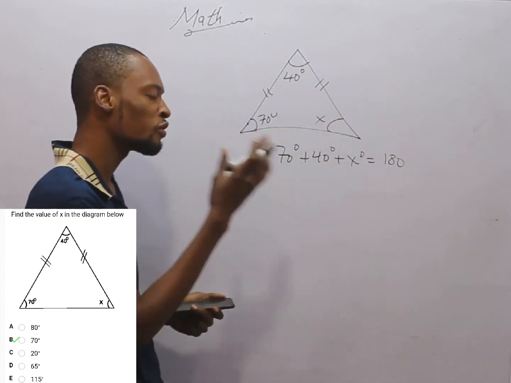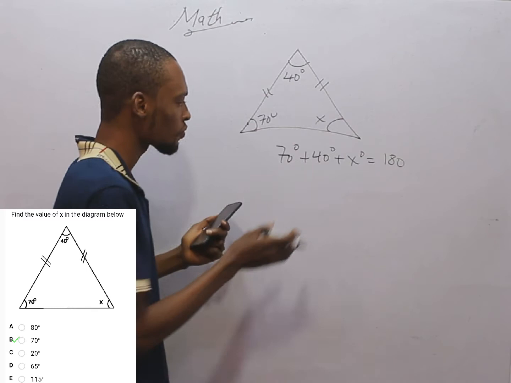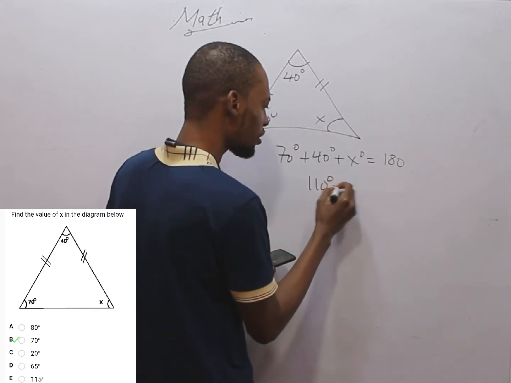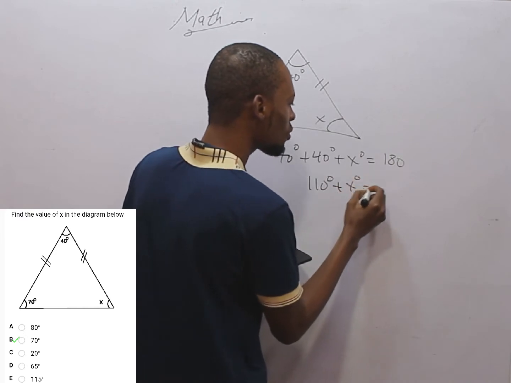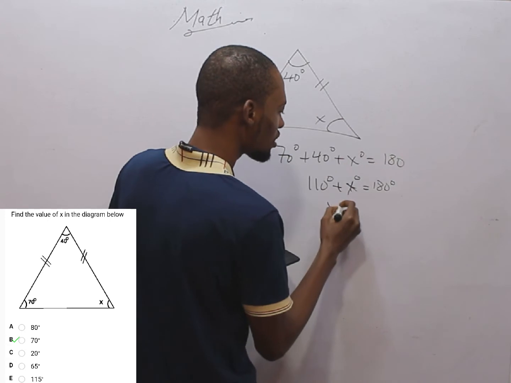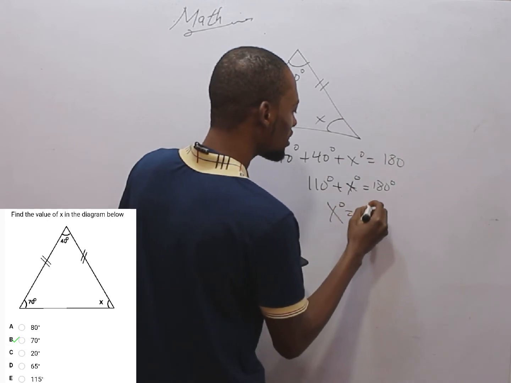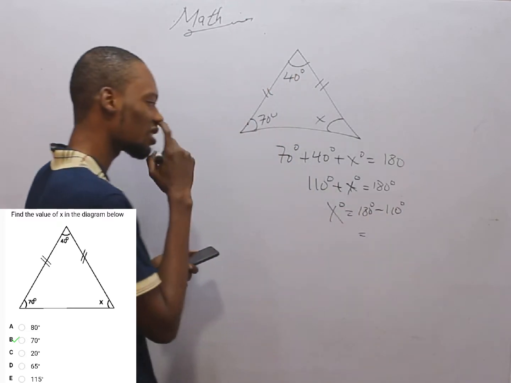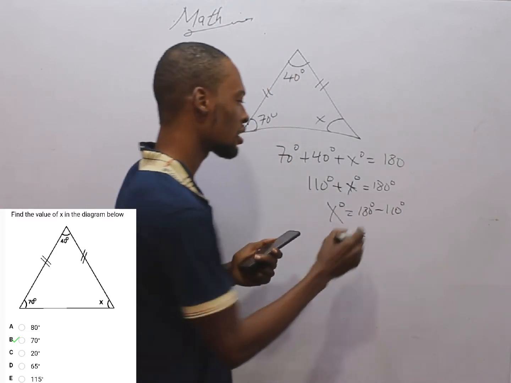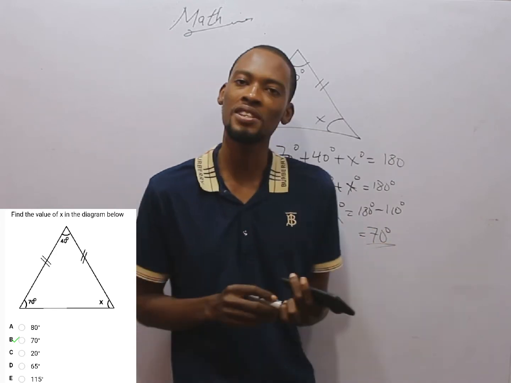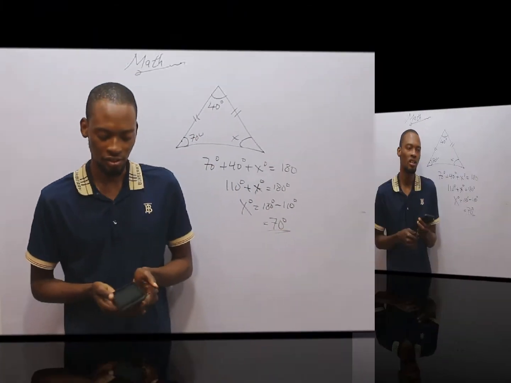Everything should round up to 180 degrees. 70 degrees plus 40 degrees is 110 degrees, plus S degrees equals 180 degrees. S degrees is 180 degrees minus 110 degrees. That is collecting like terms. This will give you 70 degrees. Anyhow you choose to solve it, you get 70 degrees.